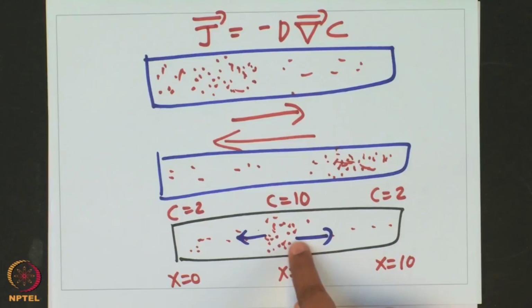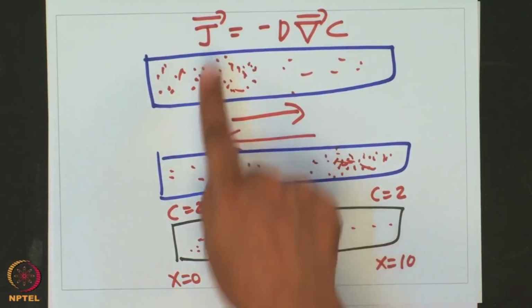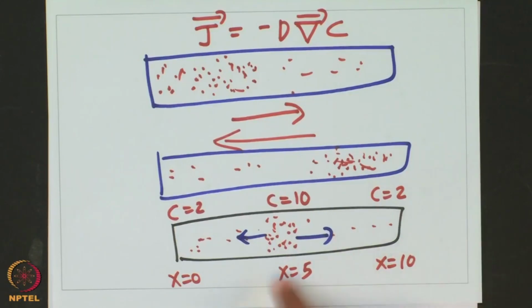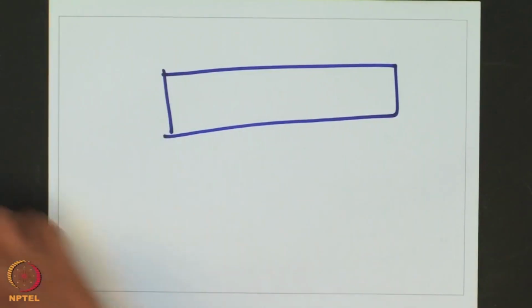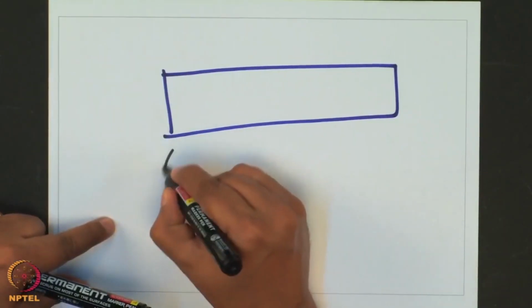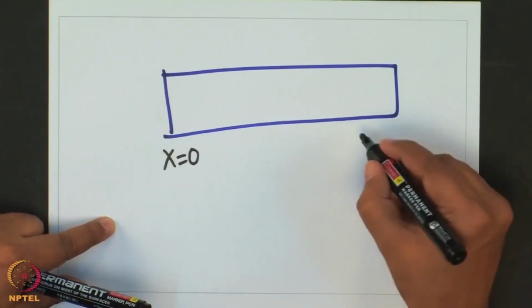So, let us focus on this situation and try to think about what is the J, which is the current in this particular direction. Let us calculate the J. We are considering the case of a tube, and here x equal to 0 is a distance in units of, let us say, micrometers.